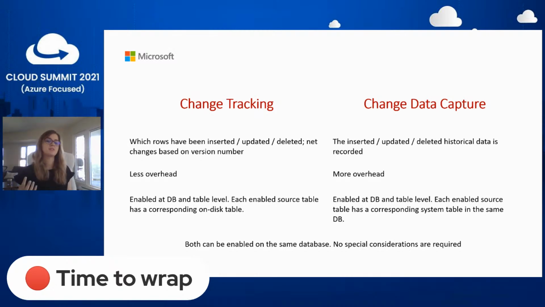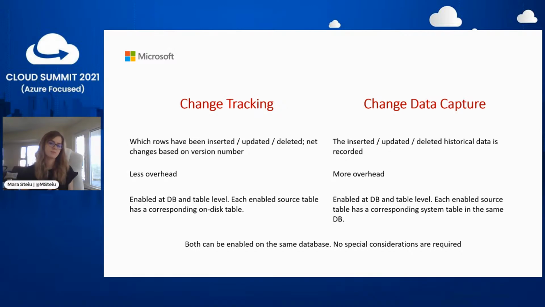However, change data capture takes the historical data changes. And because of that, on the performance side, this consumes more overhead. Some similarities are that both change tracking and CDC get enabled at the database level and then at the table levels.